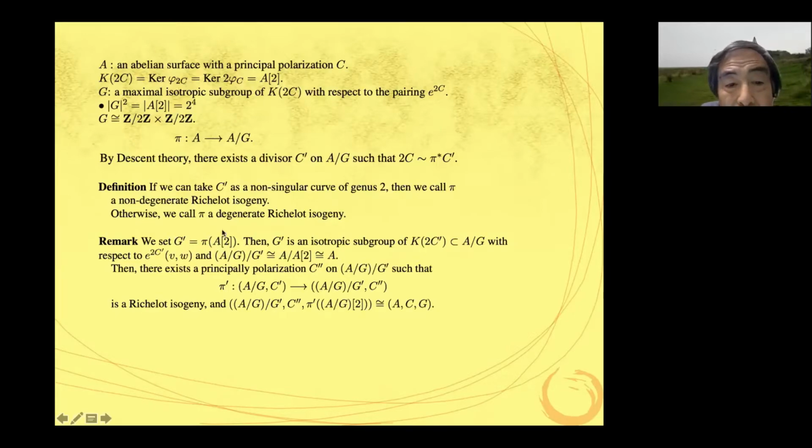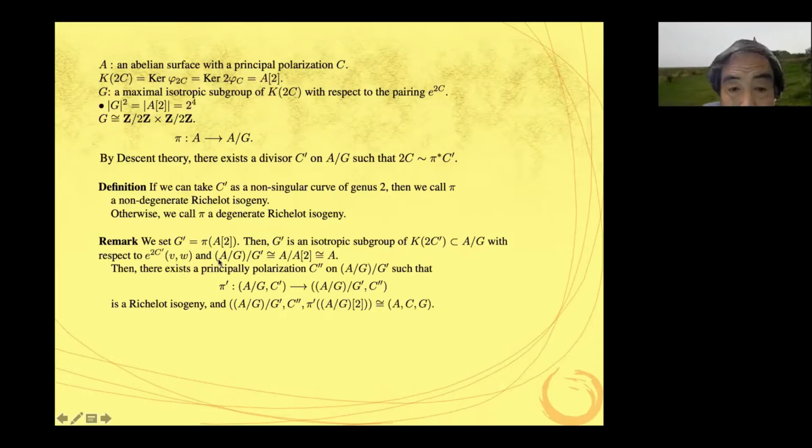the image of the two-torsion points here, and we denote it by G', then G' is an isotropic subgroup here. C' has a principal polarization here.